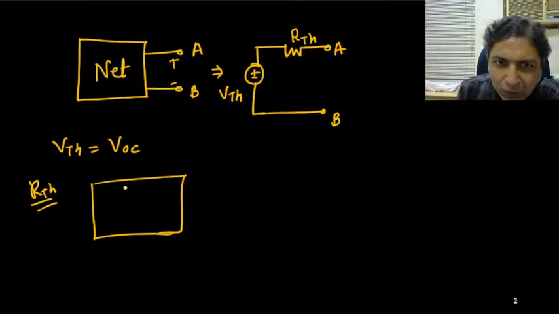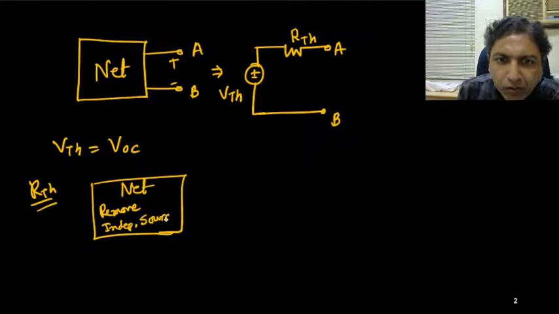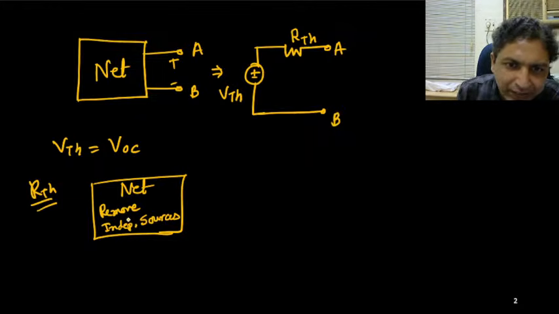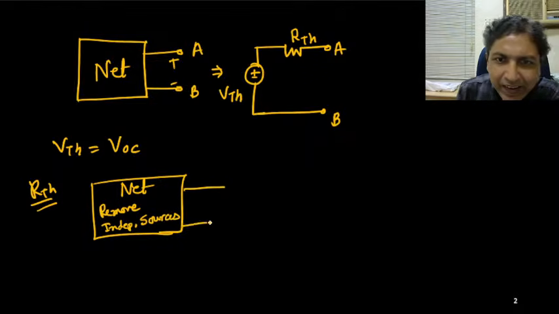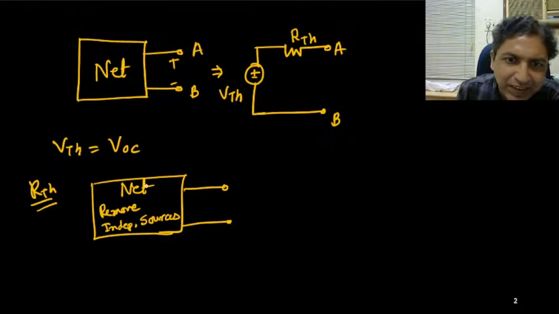Take the same network but remove independent sources, meaning voltage sources should be short circuited and current sources should be open circuited, and then you will get only resistances and dependent sources inside the network.